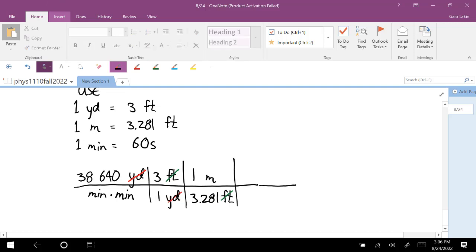Okay, now we want to go minutes to seconds. The minutes are in the denominator. So we want our minutes of our conversion factor to be in the numerator. So we'll go 1 minute over 60 seconds.